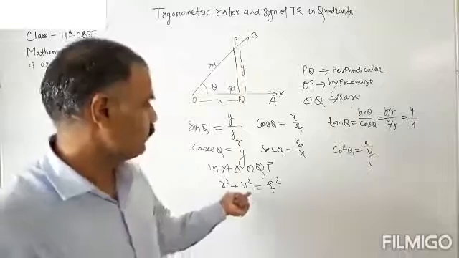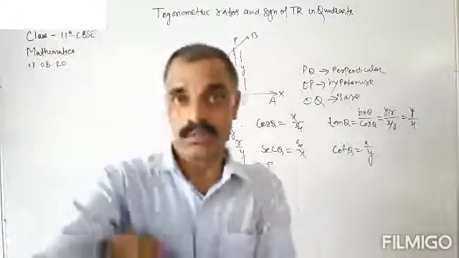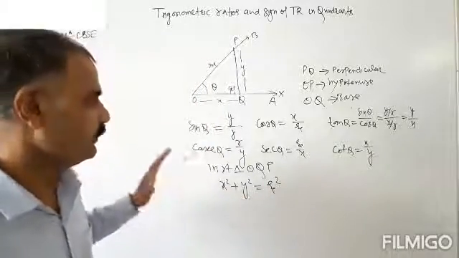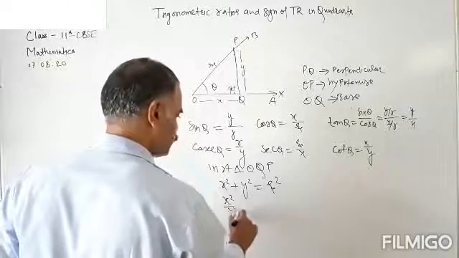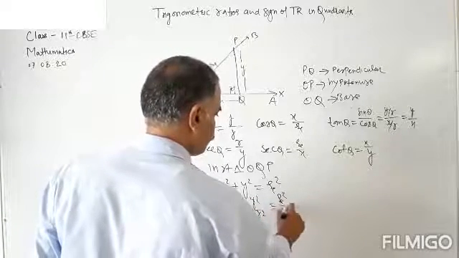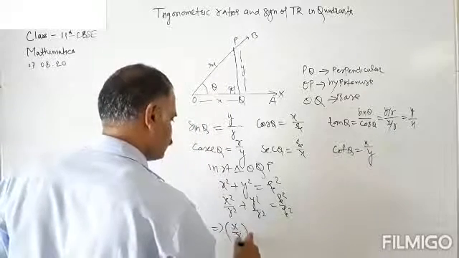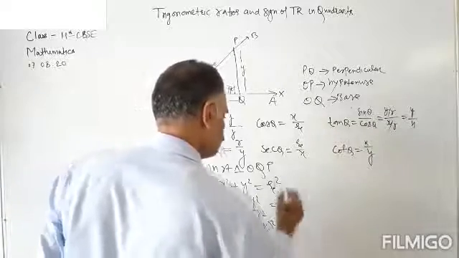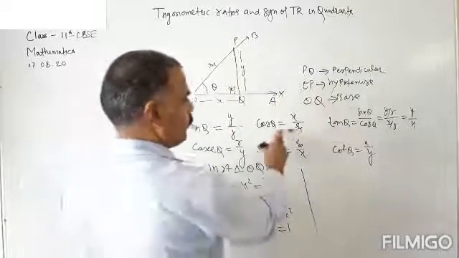Okay, so X square plus Y square equals R square as per the Pythagoras theorem. Now divide the whole equation by R square. X square upon R square plus Y square upon R square equals R square upon R square. So (X upon R) whole square plus (Y upon R) whole square equals 1. Now X upon R is cos theta.